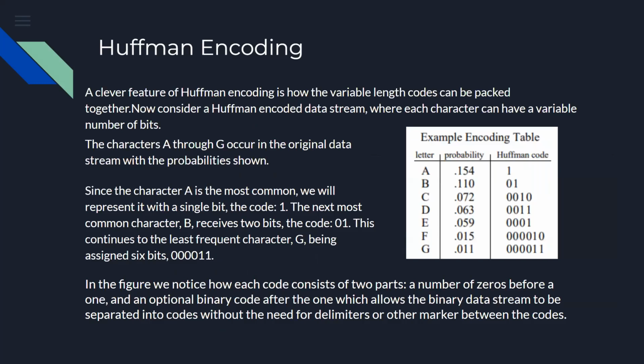A clever feature of Huffman encoding is how the variable length codes can be packed together. Imagine receiving a serial data stream of ones and zeros. If each character is represented by 8 bits, we can directly separate one character from others. Basically we can divide the whole stream into 8-bit chunks and distinguish between the characters. Now consider a Huffman encoded data stream where each character can have a variable number of bits.